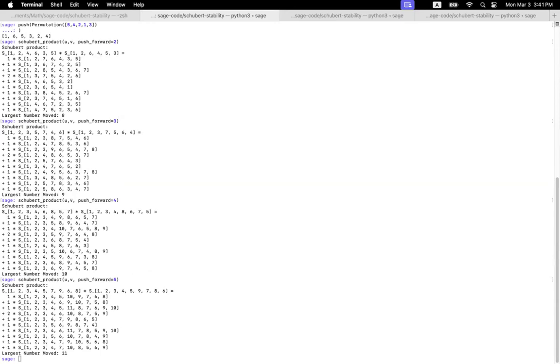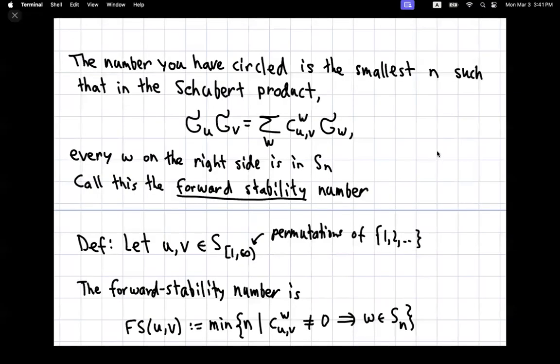And let's now give rigorous definitions of what we've looked at so far. So first definition. Oh, see the screen. Here we go. Yes, okay. Great. It's there. Okay, excellent. So, definition, let's let U and V be permutations of positive integers.